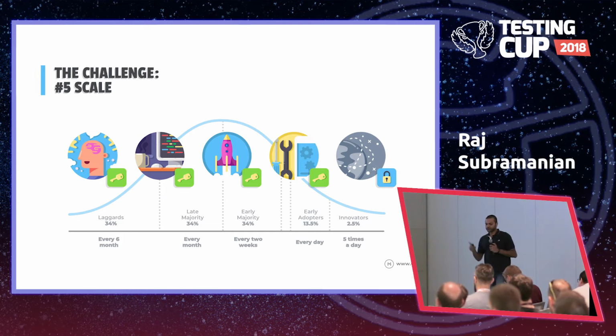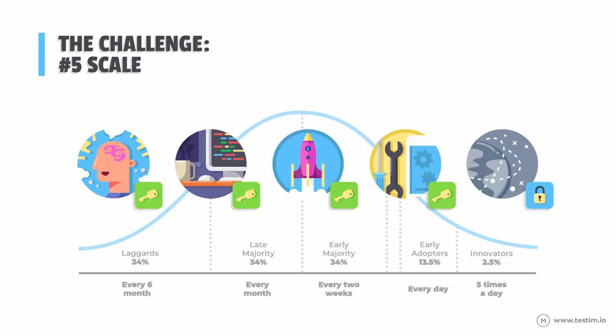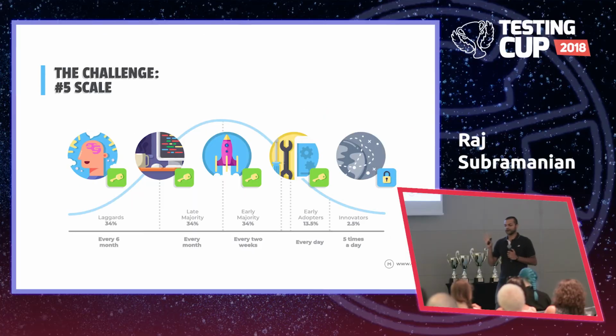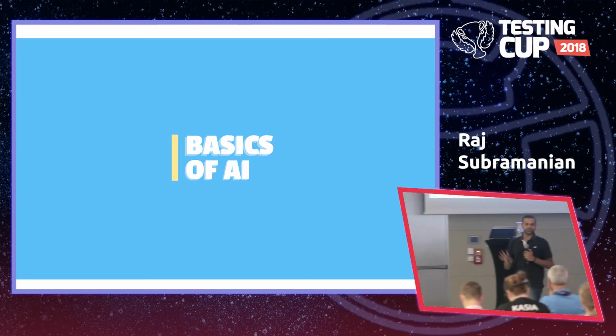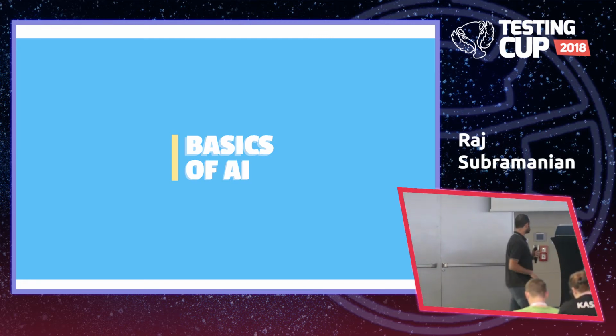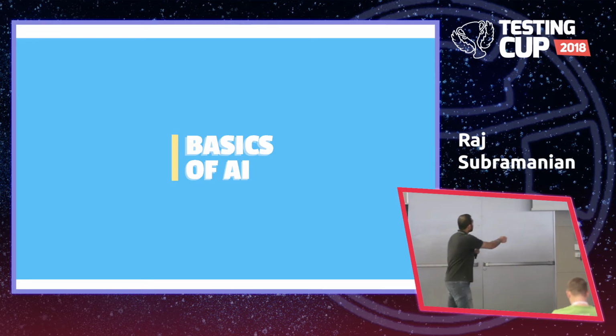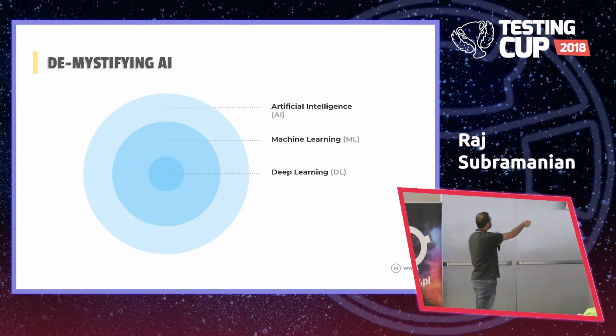Before we get into how AI can help to solve these challenges, I wanted to explain some basic concepts of AI so that everyone is on the same page when I use different terminologies. All the way at the top, the big circle is artificial intelligence.